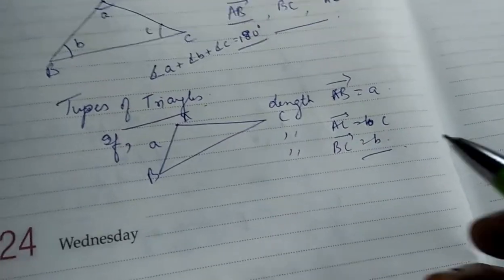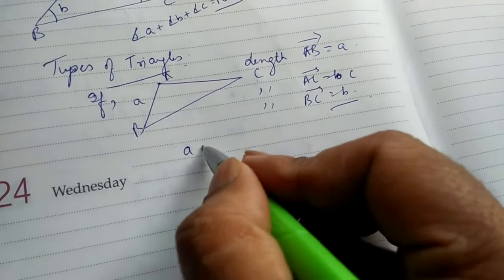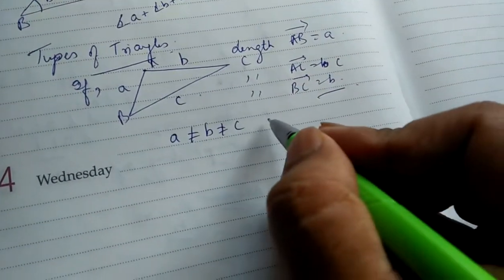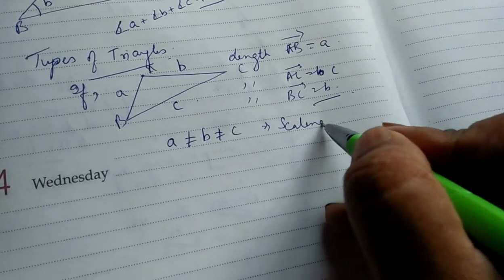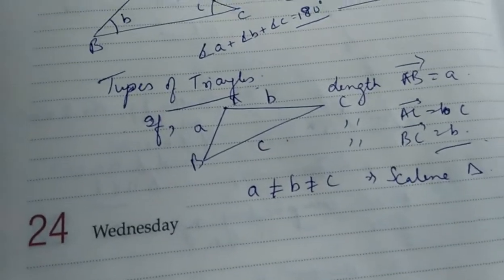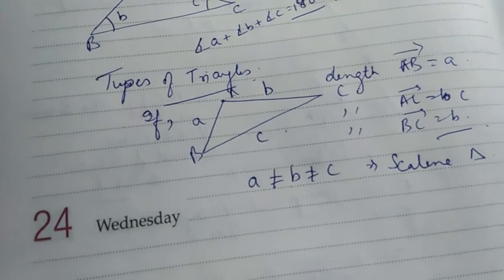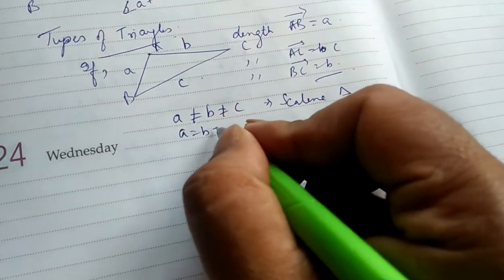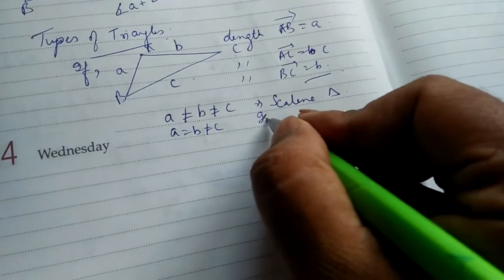Okay, so if a is not equal to b is not equal to c, then it is a scalene triangle. So scalene triangle is where sides are not equal.